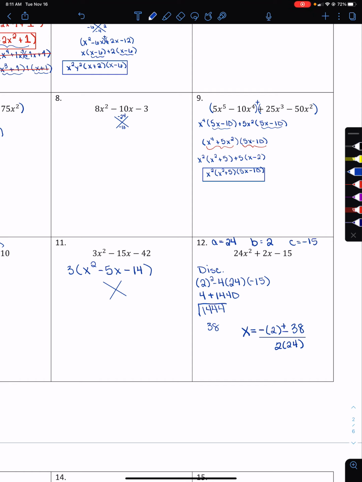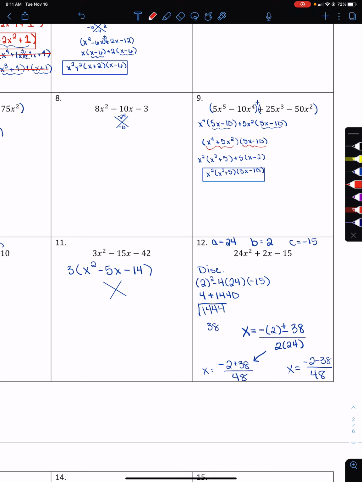Okay, so this is where we said we have two problems. We've got -2 plus 38 divided by 48. Ouch. And then we've got x is equal to -2 minus 38 over 48. Okay, now this is going to give us the solutions, which we are looking for the factors.